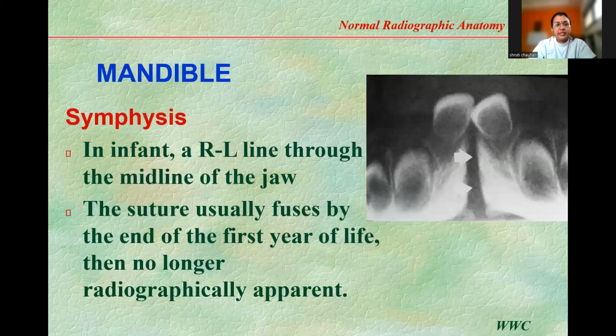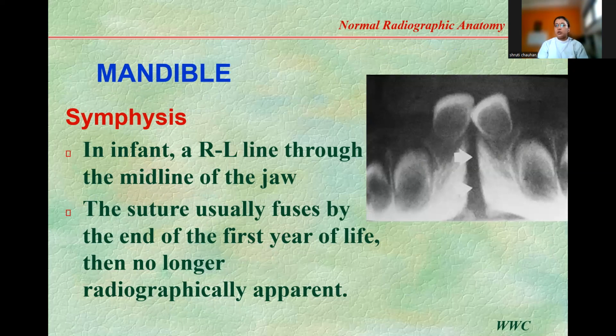First of all, the symphysis. What is the symphysis? We had intermaxillary suture over here. The same thing over here because there are two parts joining in the middle. So it is a symphysis. It is a radiolucent line in the infants, in the newly born or below 1 year of age. The radiolucent line is seen throughout the midline of the jaw. The suture usually fuses by the end of the first year of life.